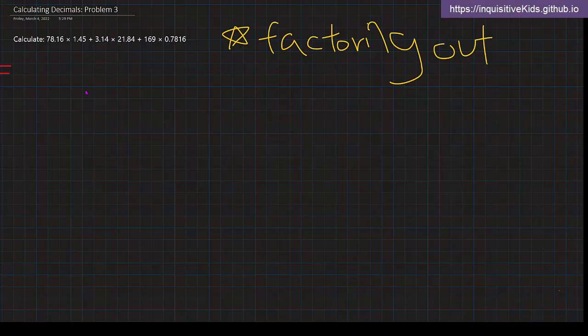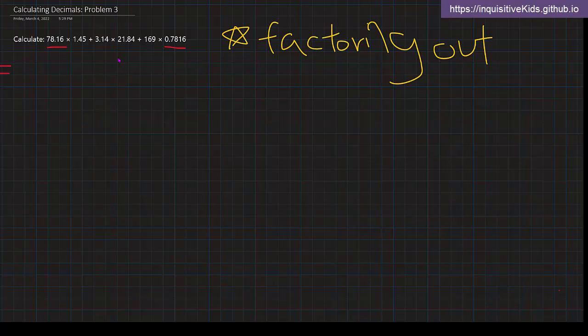Well, I see 7816 being repeated, and another reason I can immediately figure out we need to factor some things out is because I see addition and multiplication. That usually means distributive property. So really, now I'm thinking about 78.16 and 0.7816, because I can't factor it out until they are exactly the same number.